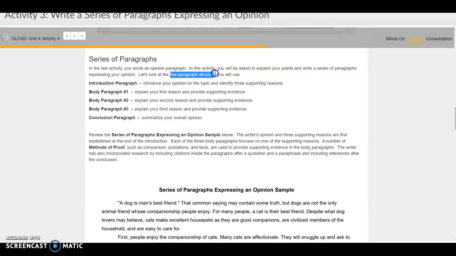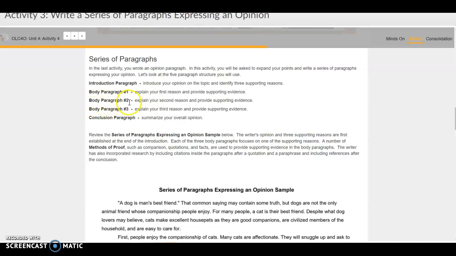So you're going to have to write in what we call a 5-paragraph structure. And those 5 paragraphs are going to include an introduction paragraph, which introduces your opinion on the topic and identifies 3 supporting reasons. You're going to have a body paragraph number 1, which explains your first reason. So you take your first reason from your introduction, you restate it, and you back it up with supporting evidence.